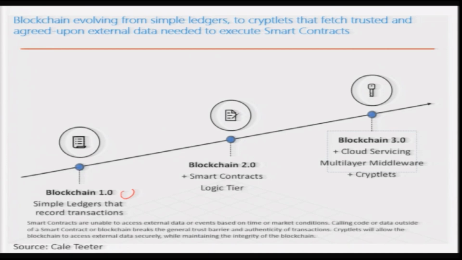Then blockchain 2.0 was introduced with the idea of smart contracts. When we look into Ethereum later in this class, you will see that blockchain 1.0 did not have a way of programming how you want to use the blockchain.